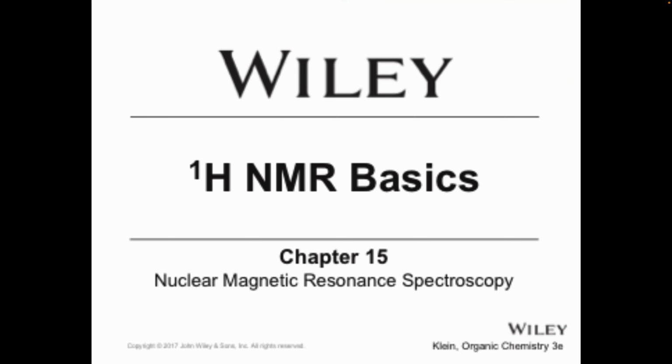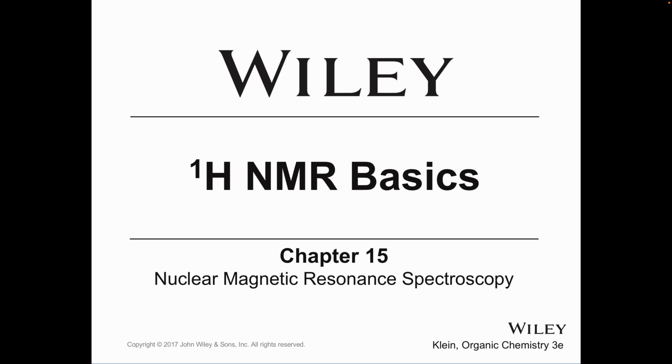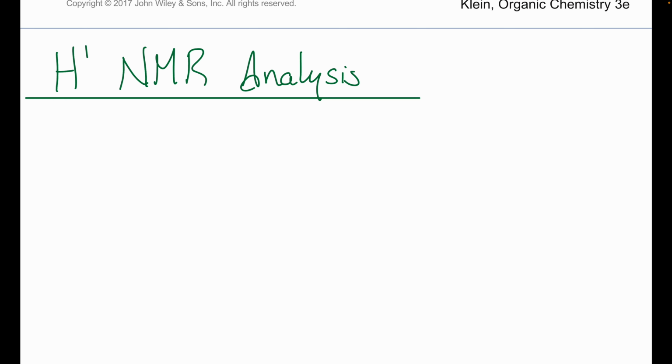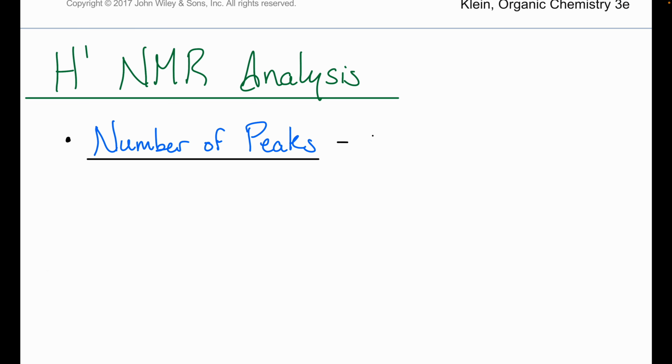All right, so now we're going to graduate to H1 NMR. And what we're going to see for our H1 NMR is very similar. All right, in fact, all that information that we got from our carbon-13 NMR, we get from our H1 NMR. All right, so the number of peaks also tells us about the number of chemically distinct groups.